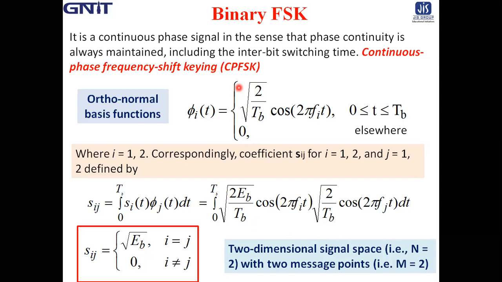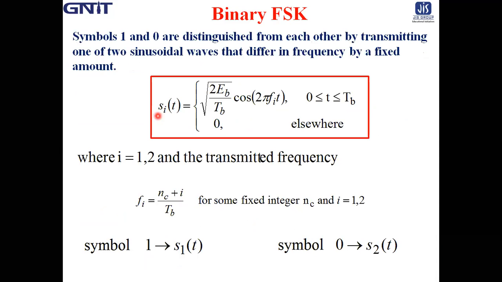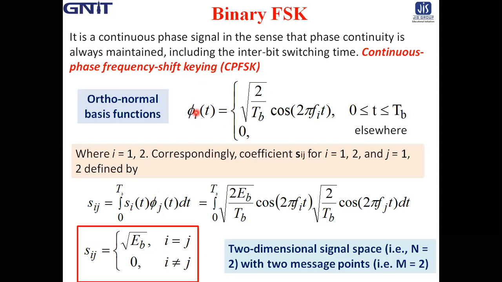Now we observe directly that signals s_1(t) and s_2(t) are orthogonal but not normalized to have unit energy. We therefore deduce that the most useful form for the set of orthonormal basis functions are phi_i(t) equal to square root of 2 by T_b cos 2 pi f_i t, where t belongs to 0 to T_b and otherwise it is 0.